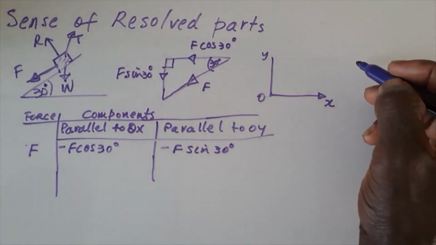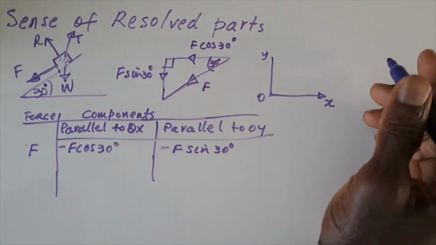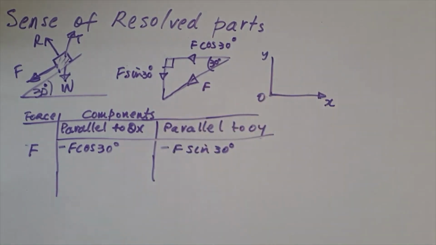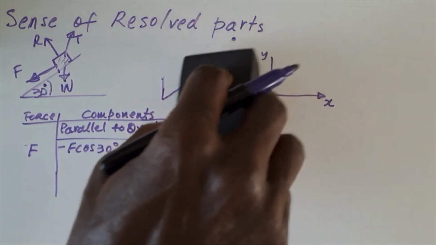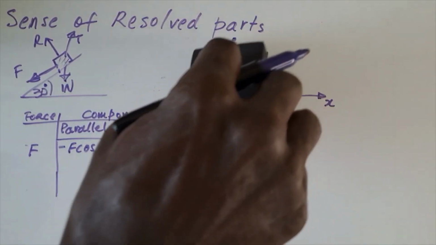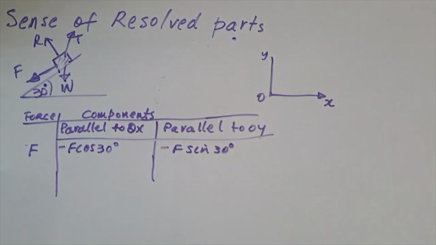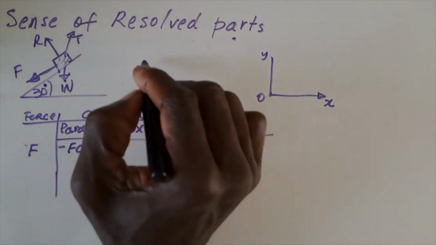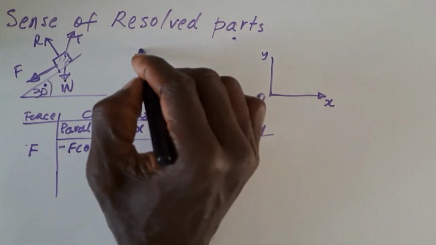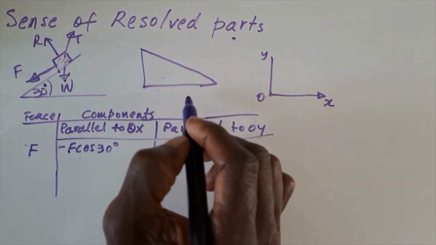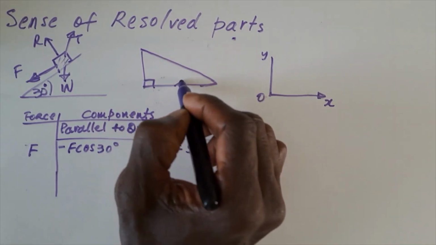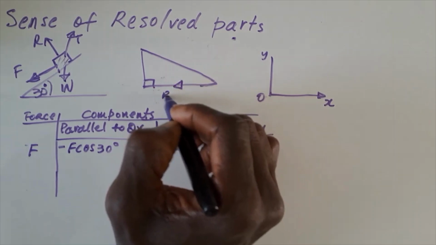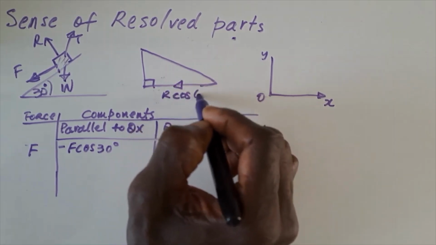Next, what did we model next? We had R, and we had R cosine 60.